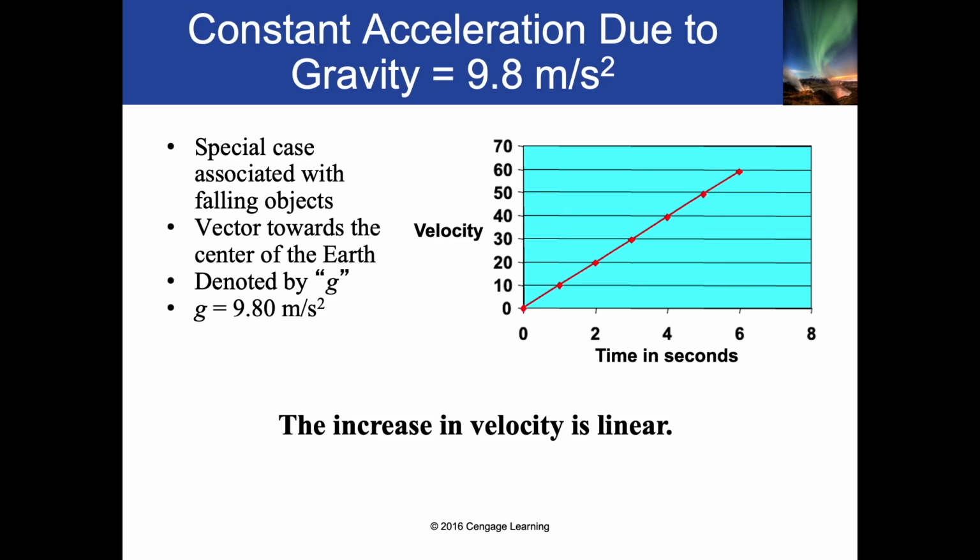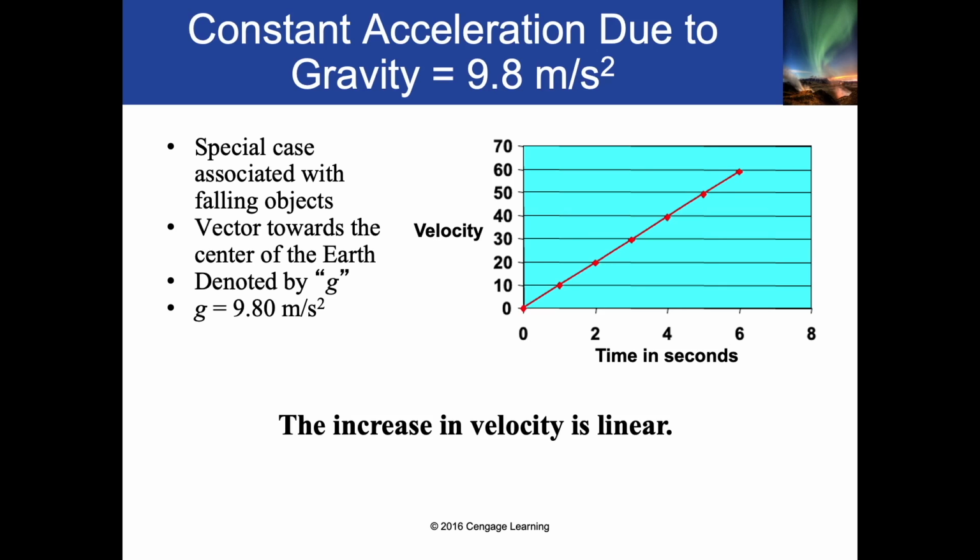You'll see later on, when we do force and motion, that there's an equation from Newton's laws called F equals ma: force equals mass times acceleration. But when something is falling, it's actually force equals mg, because it's also an acceleration.